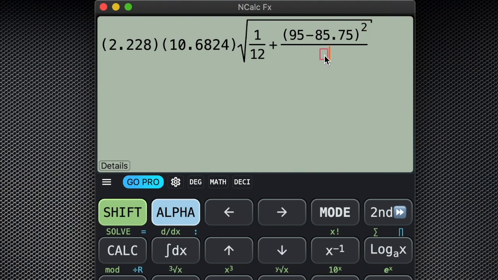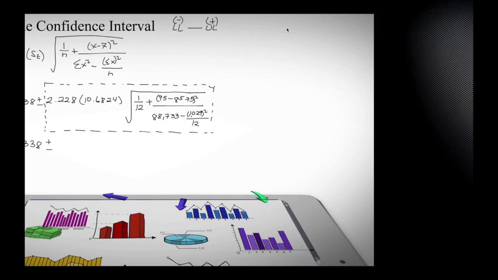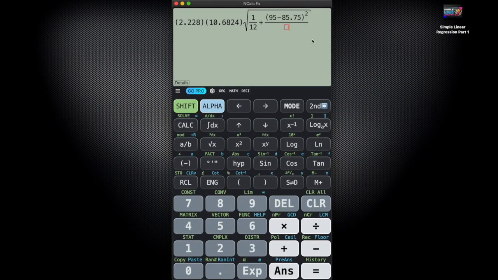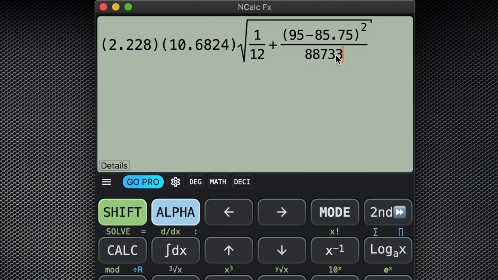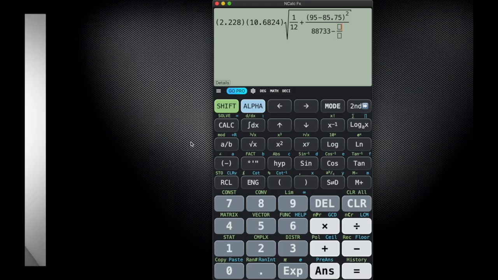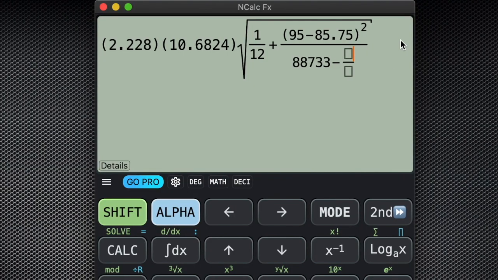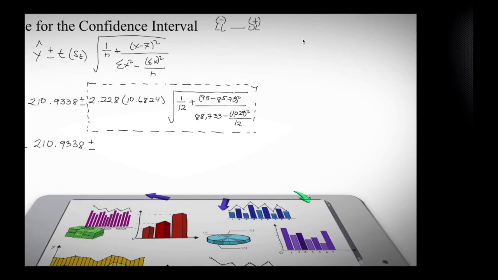Ayan. Then for our denominator, guys, this is 88,733. So let's type it here. 88,733 minus fraction ulit tayo. That is 1,029 square. So 1,029, then square natin. Sa denominator, let's have here 12.